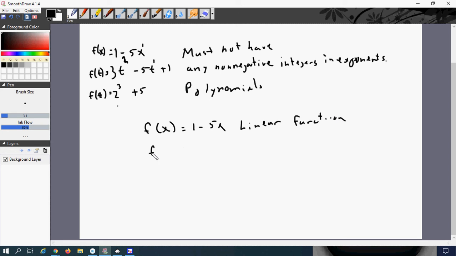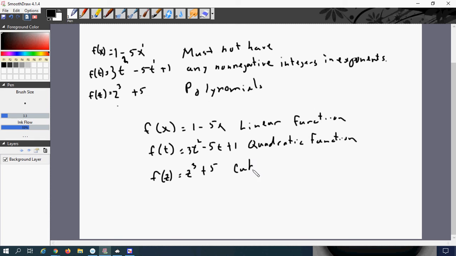Then if you had f of t equal to 3t to the second minus 5t plus 1, this is a quadratic function. And then if you have it to the third, that would be f of z equal to z cubed plus 5.